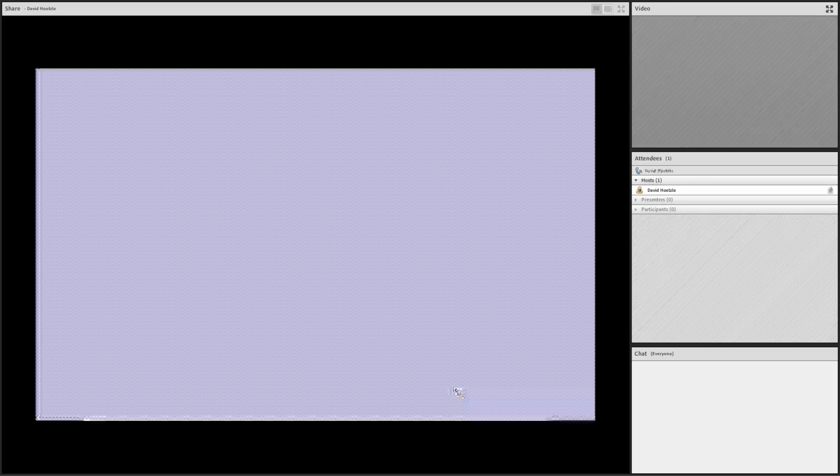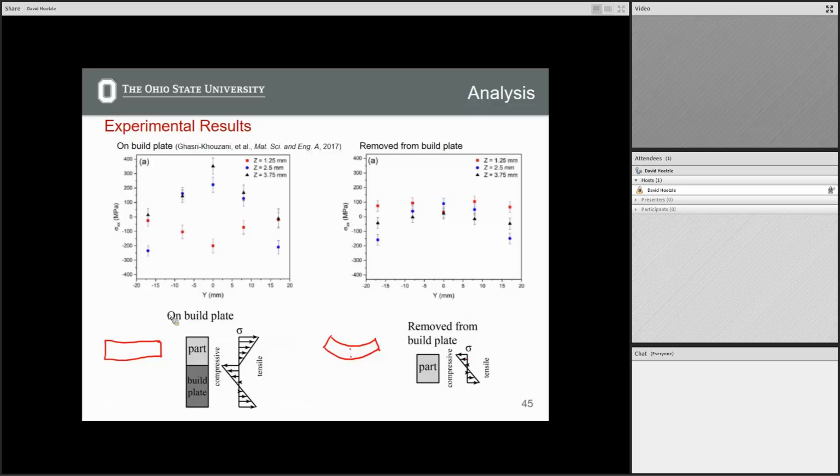Going back to this idea here, when this is in static equilibrium on the build plate, basically the summations of all the positive and negative stresses have to equal out, weighted by their area. Of course, the build plate is usually considerably larger than the parts we're talking about, so this is probably not a good representation.